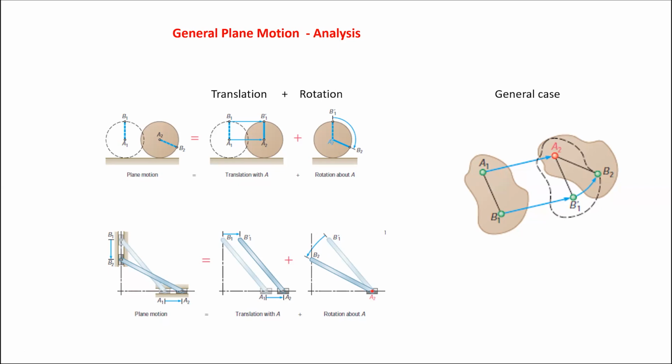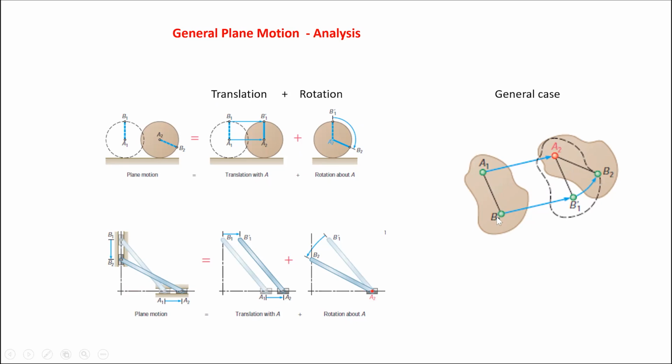That means that any general plane motion can be construed as having a translation and rotation, in small steps. If it's a continuous motion, you can say it is delta x followed by delta theta, almost occurring simultaneously. So this is a general thing. If you have a general shaped body, this is A1, B1, and it has taken this position A2, B2.